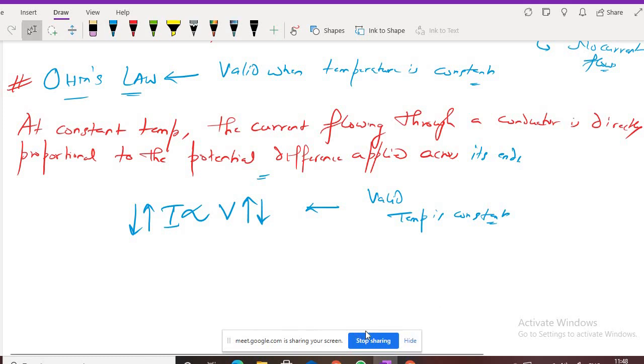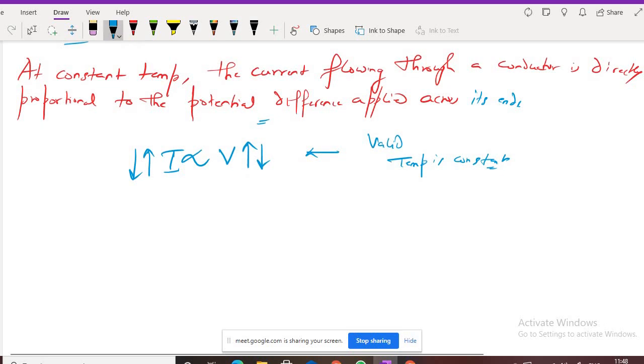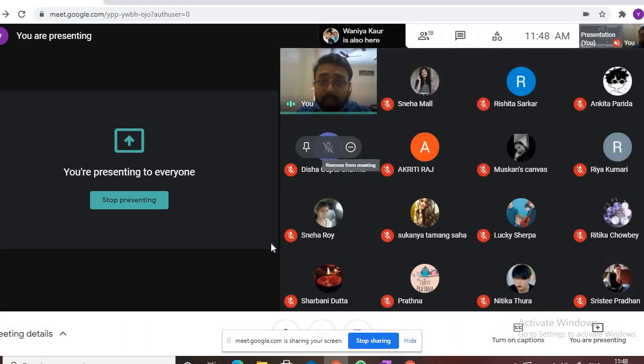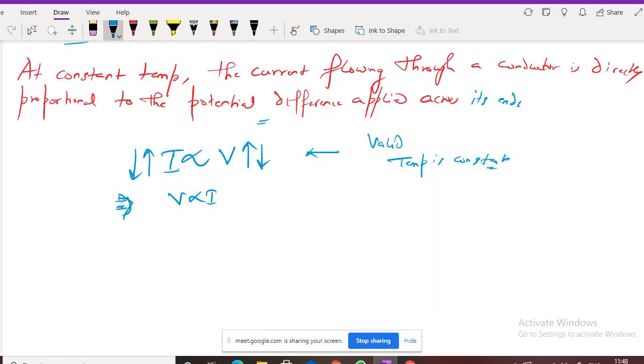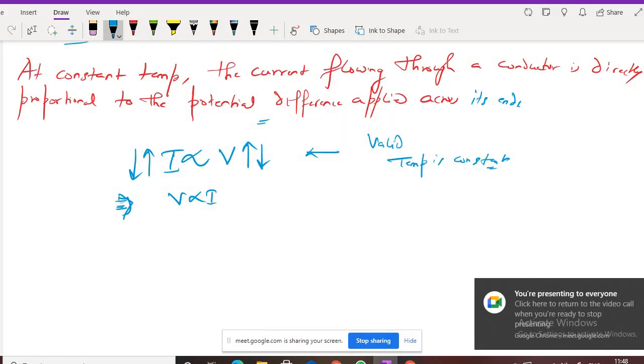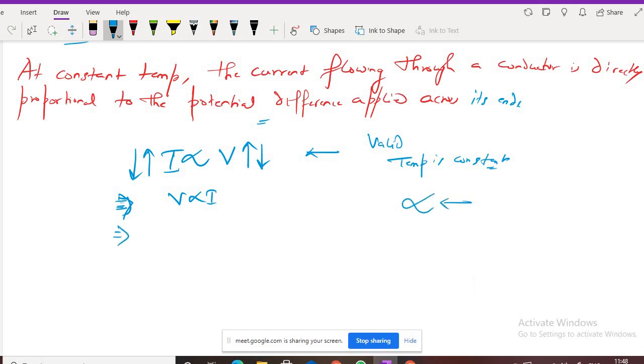Now let's study a bit more in this section. If I is proportional to V, then we can write V is proportional to I. This symbol is given for proportionality, and you have to change that into an equals sign.